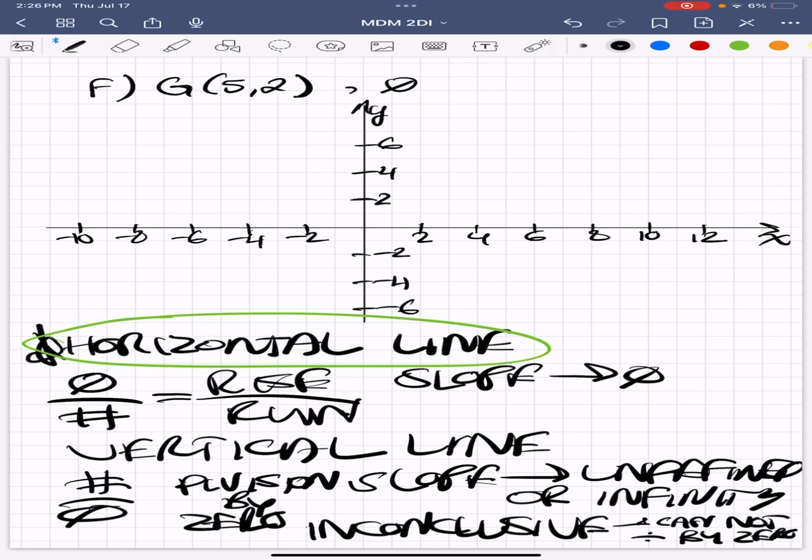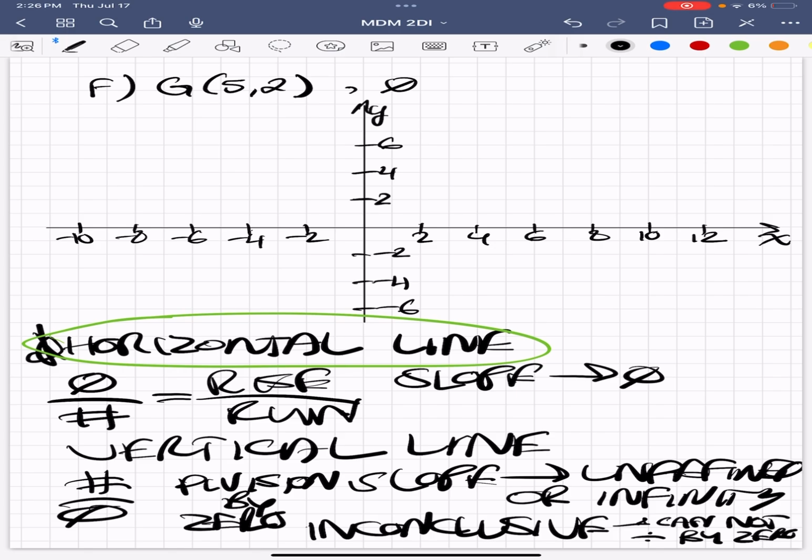Alright, so we have a point given, and then we have a slope of 0, which means the line is horizontal. It's just going to be a horizontal line that is parallel to the x-axis.